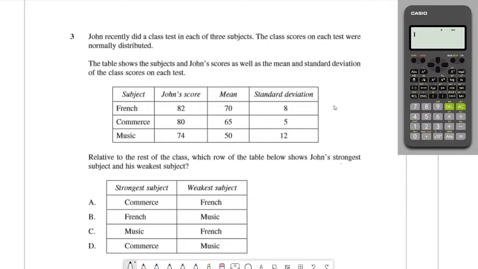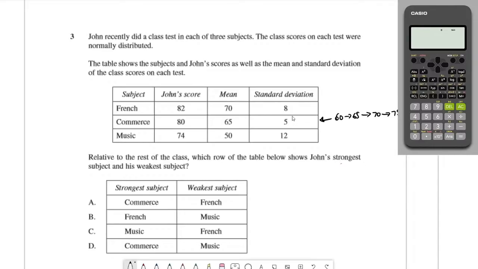Let's take a look at commerce, because I think that's the easiest one to see. Just from looking at it, I can see that's going to be the biggest one. Basically, to work out whether or not he's doing better, it's how many more standard deviations he is above the mean. So from 60 to 65, then 65 to 70, then 70 to 75, and then from 75 to 80.